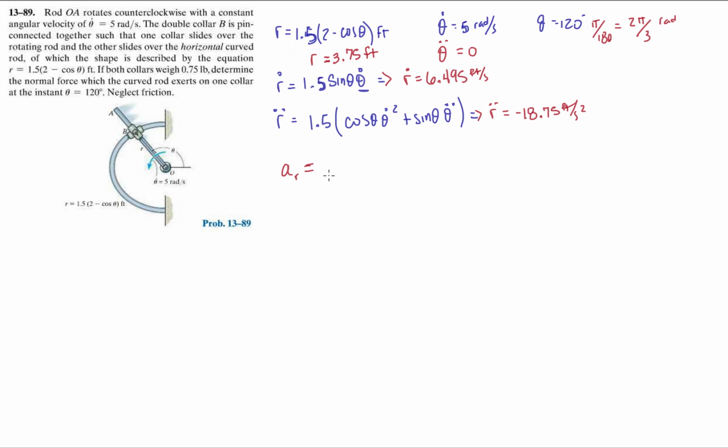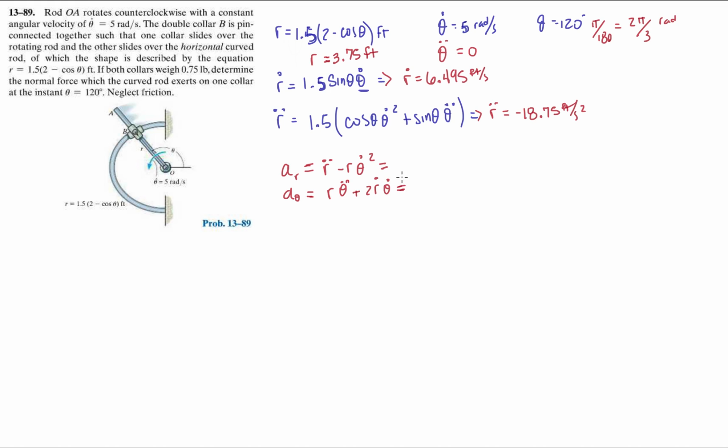When we do this, let's write down the equation first for the radial acceleration, r double dot minus r theta dot squared, and then for the angular component of the tangential acceleration, r theta double dot plus 2 r dot theta dot. This is one of those things where your professor gives you a cheat sheet, or you just write them down.